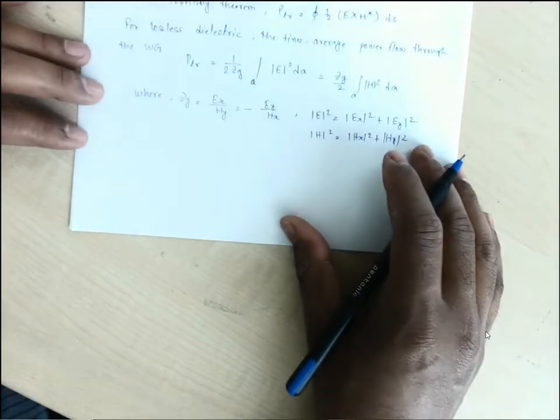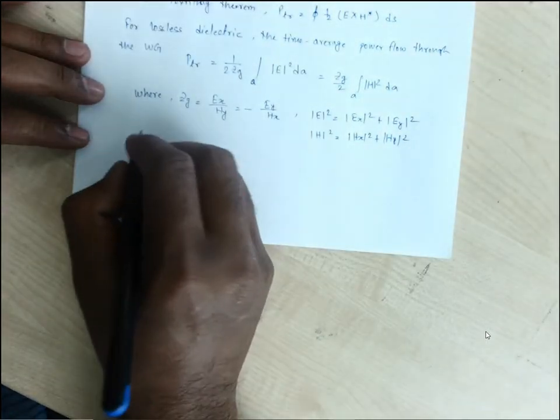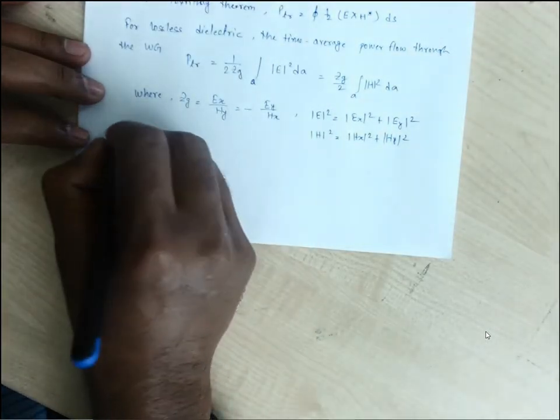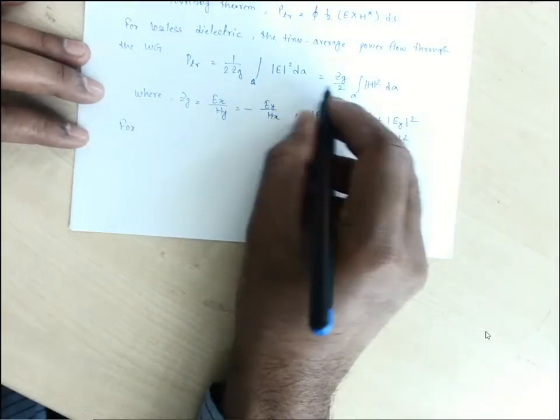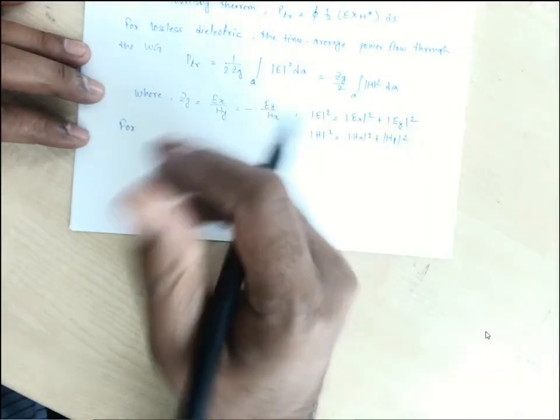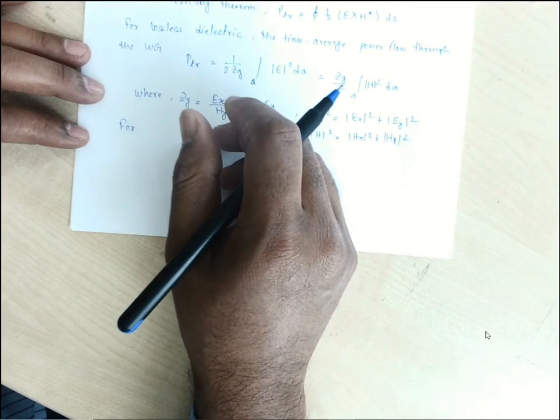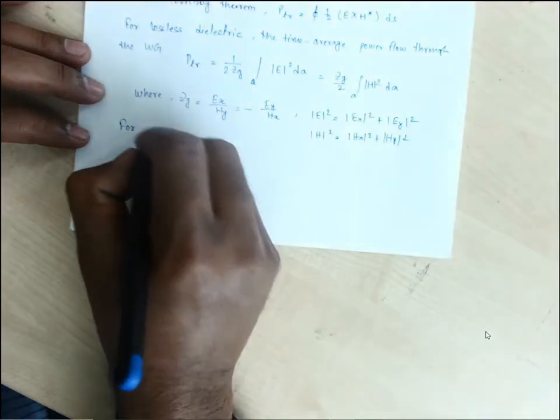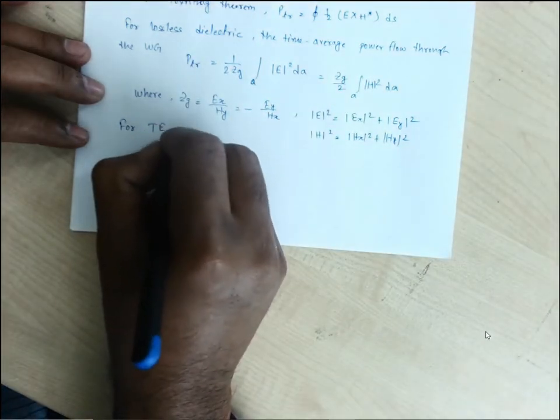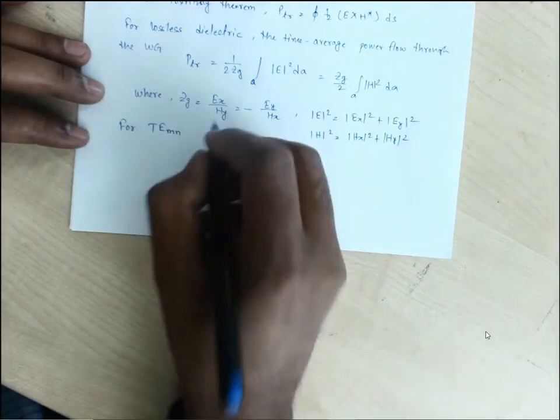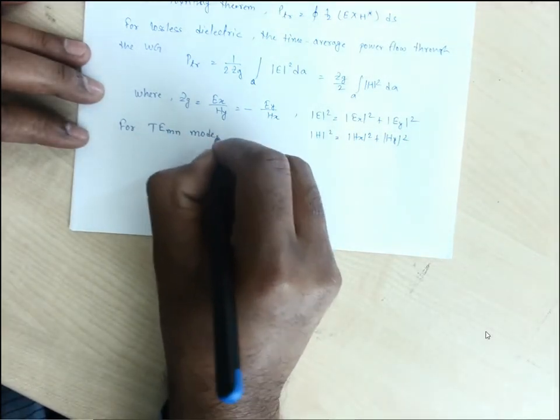Okay. So for this TE wave, because we need to specify this Zg, it is either for TE or TM. So for the TEmn mode, we need to specify this mode.